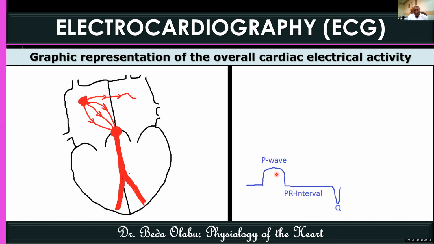And that is why P wave is a positive wave. But the overall movement of impulses from the AV node down through the interventricular septum is rightward. And that is why the Q wave is a negative wave.